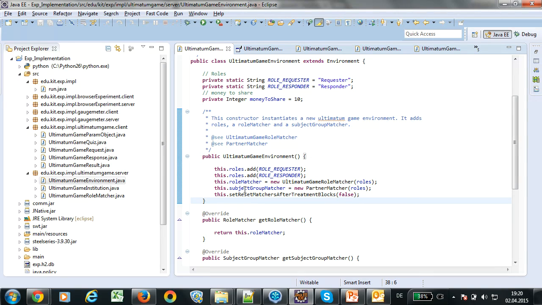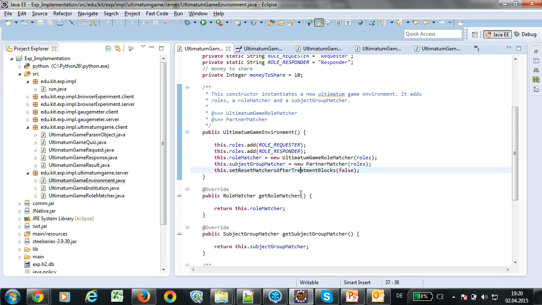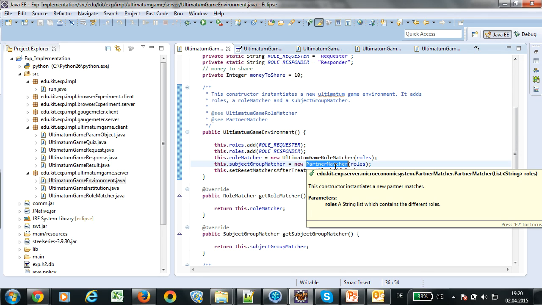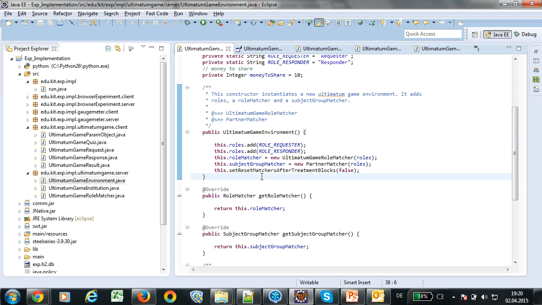Okay. The next thing that we are interested in is the subject group matcher, which is the partner matcher. A subject group matcher denotes how you want to group subjects. Let's say you invite 10 participants to your lab and you want to put two people in a group, right? That's different from the role that they will play and how they will be interchanged, right?